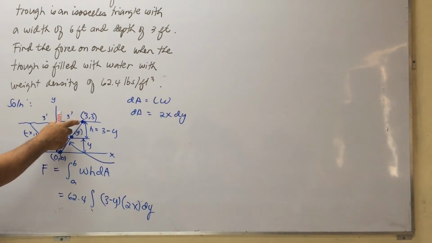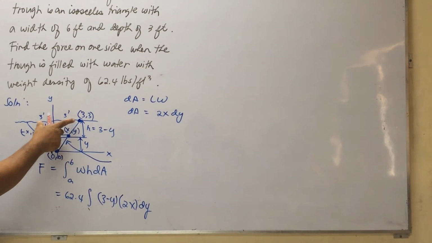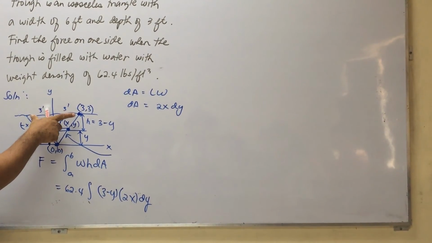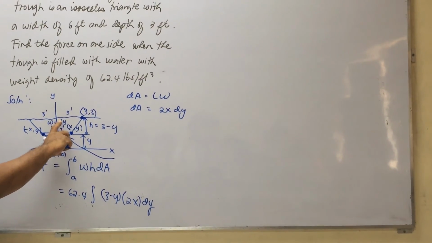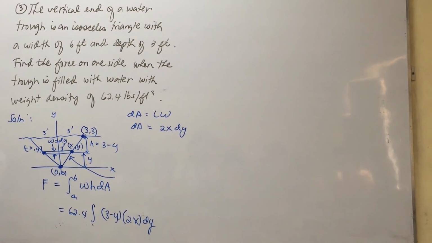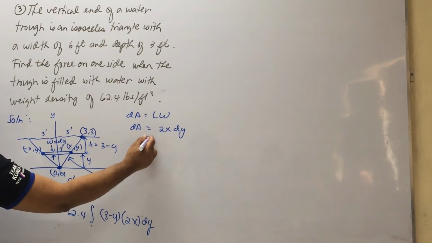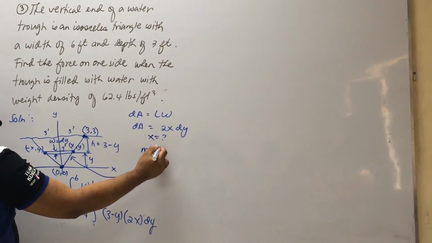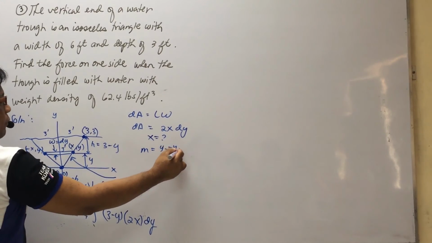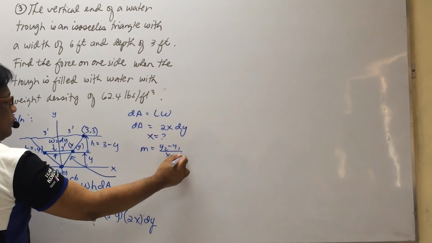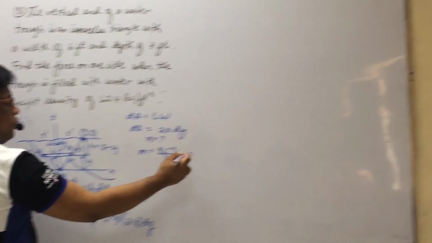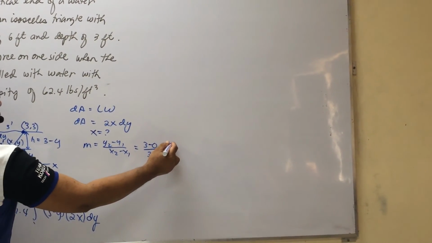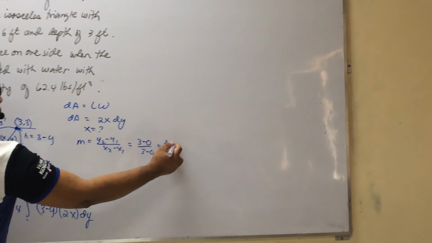Why (3, 3)? Because the width of the trough, which is an isosceles triangle, is 6 feet, and then the depth is 3 feet. With that, let us define the slope. The slope for this line is y2 minus y1 all over x2 minus x1 as the formula. Therefore, it is 3 minus 0 all over 3 minus 0, or 3 over 3, or 1.